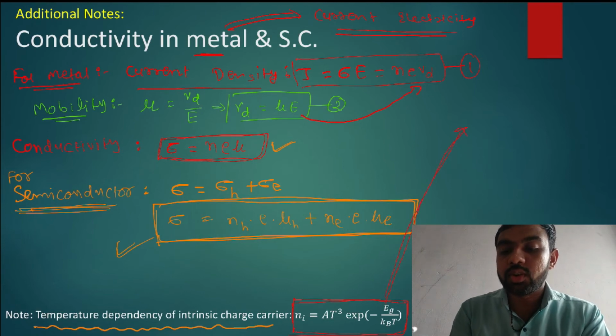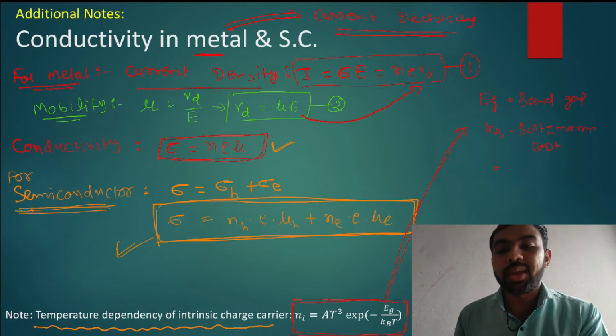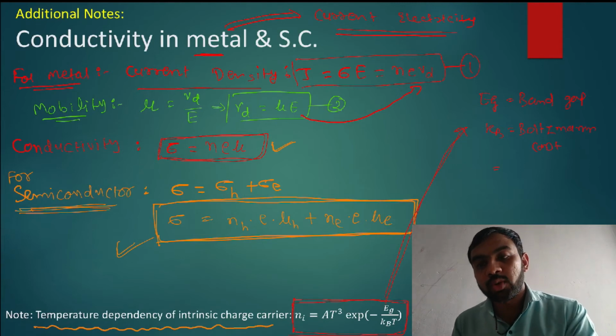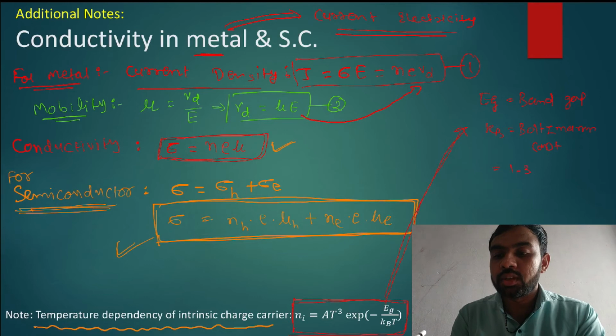Where Eg is the band gap, where kB is the Boltzmann constant. What is the value of the Boltzmann constant? The answer is 1.38 into 10 raised to minus 23 in SI units.